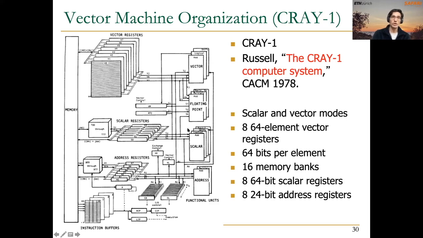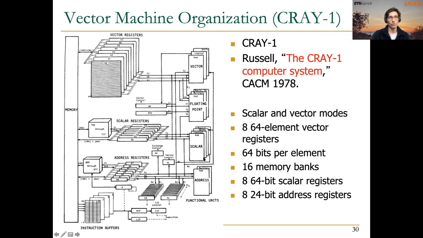Because, recall Amdahl's law, even though this computer was super fast due to deploying these vector units, in reality, real world code also has sequential parts that cannot be parallelized.